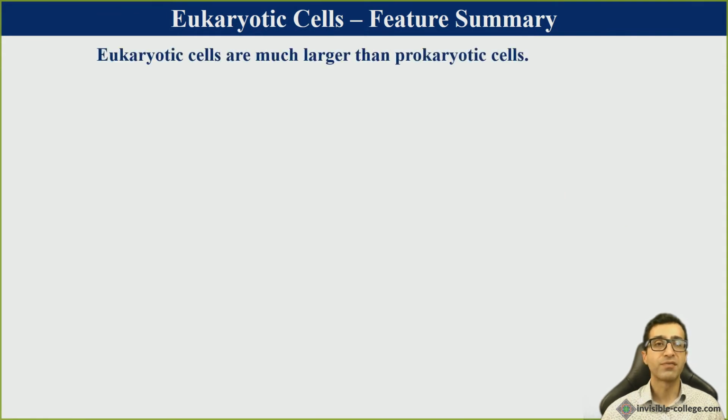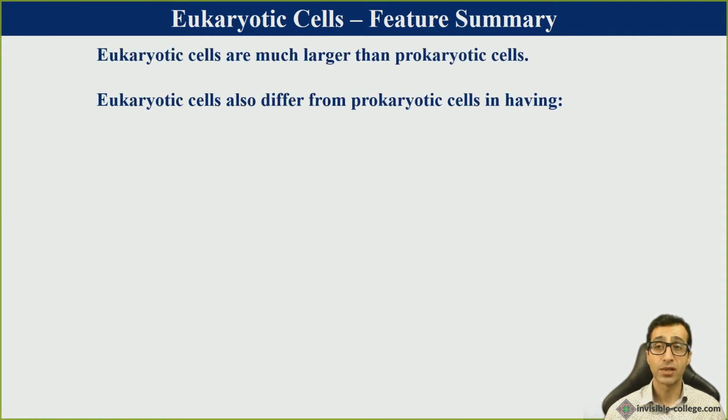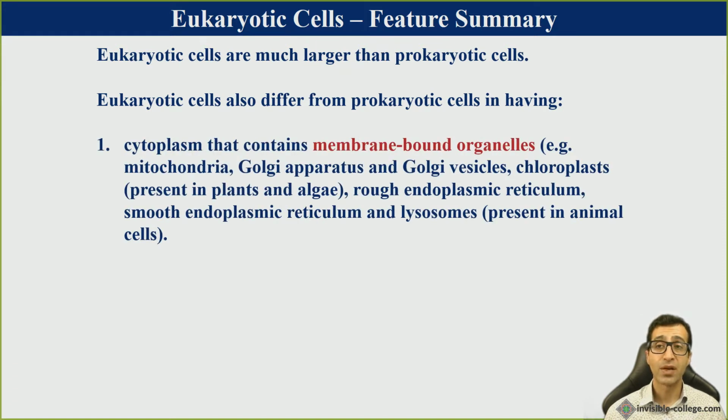So let's summarize the features that we've been talking about here. Eukaryotic cells tend to be larger than prokaryotes. They also tend to have cytoplasms which have membrane-bound organelles. This is actually the biggest single feature which distinguishes eukarya from prokarya. Typically, prokaryotic organisms do not have internal membrane-bound organelles. They do sometimes have infoldings of the plasma membrane within which certain biochemical and respiratory reactions occur, but those aren't really internal organelles.